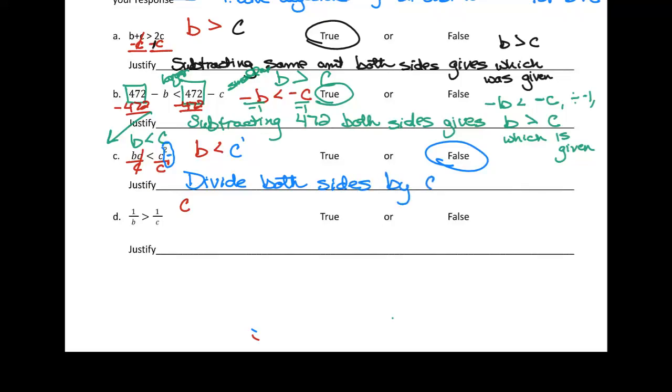Divide both sides by c. You're left with b is less than c, which is false. Not what we were given. Does that make sense?